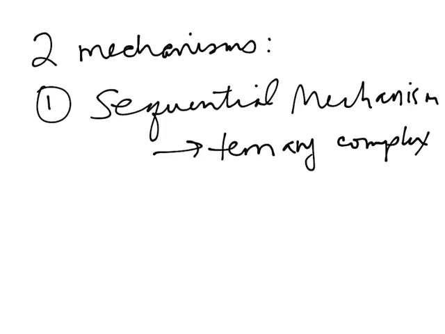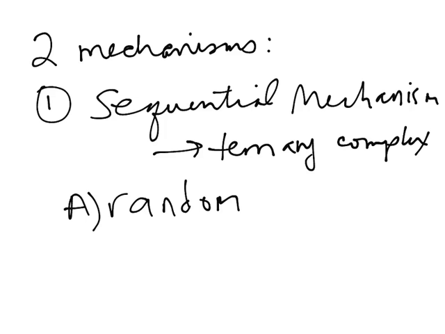So for the formation of a ternary complex, which is a sequential mechanism, there are two kinds. The first is a random kind, and it looks a little bit like this. You have an enzyme, and that enzyme can bind substrate 1 and substrate 2. Actually, maybe it would help if I just wrote the whole thing out like this.